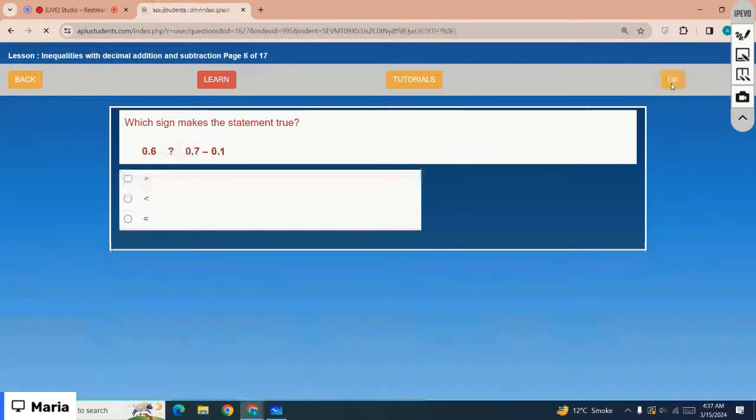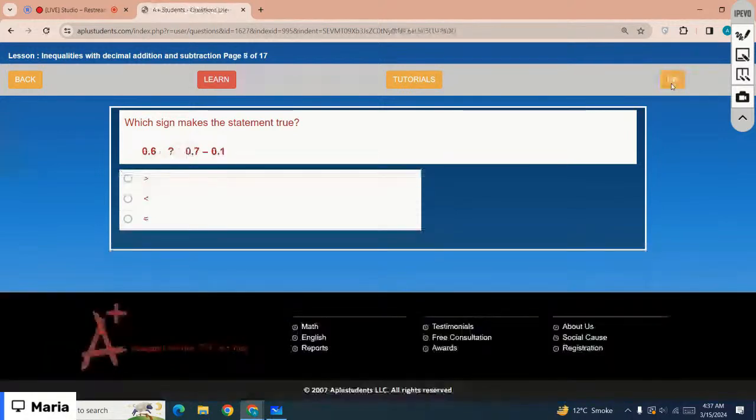Okay, which sign makes the statement true? 0.6, you have to compare it to 0.7 take away 0.1. They both are exactly equal.